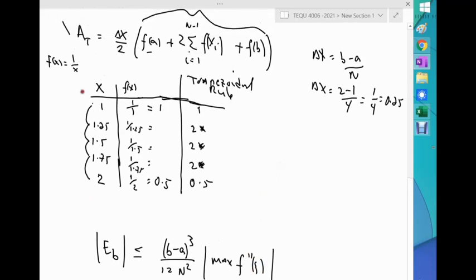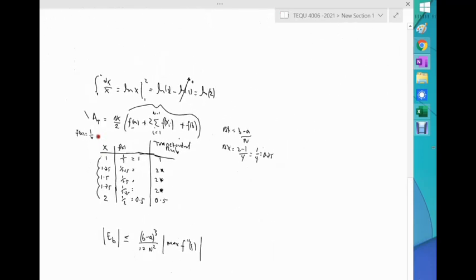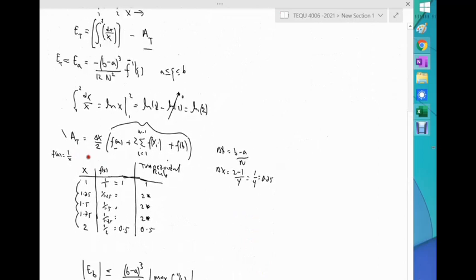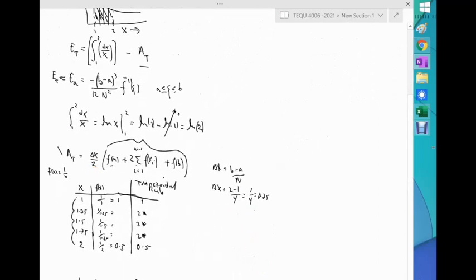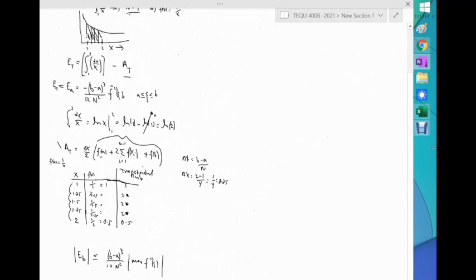Well, let's see if I reduce this a little bit. Okay, here we go. Yes, this is the truncation error based on the average of the second derivative.